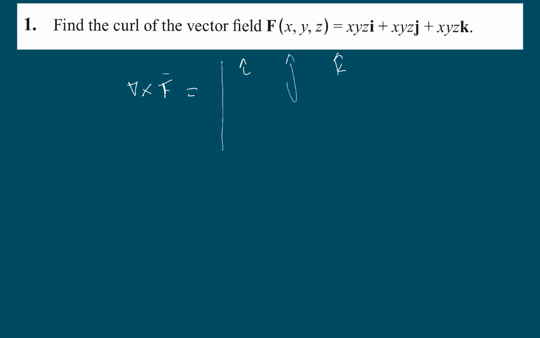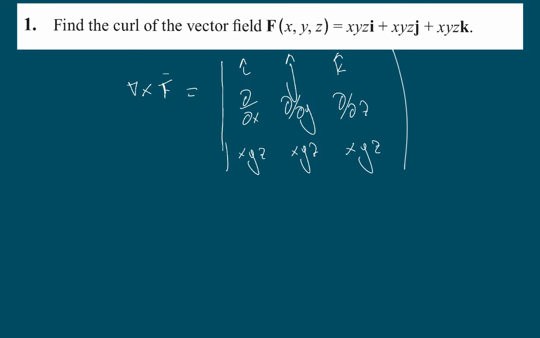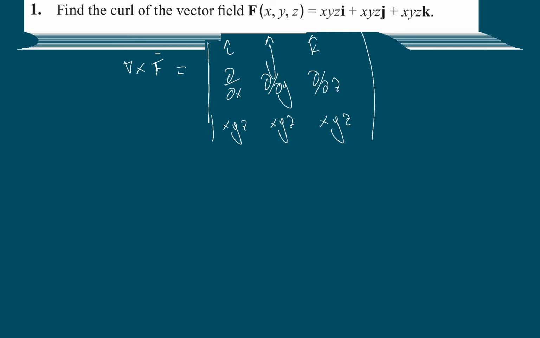It is done by calculating the partial derivative with respect to x, y, and z, and the components are x, y, z. So what is the tendency to rotate? Well, the curl of F will be a new vector field, so we can write it like this, the curl of F, a vector field.